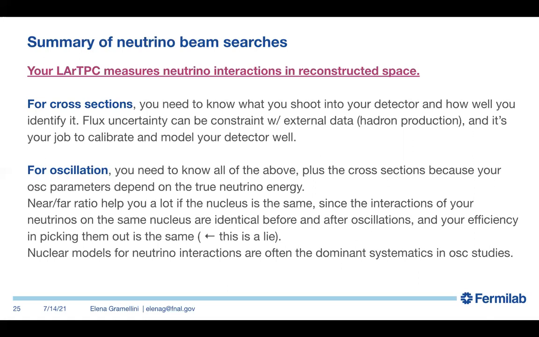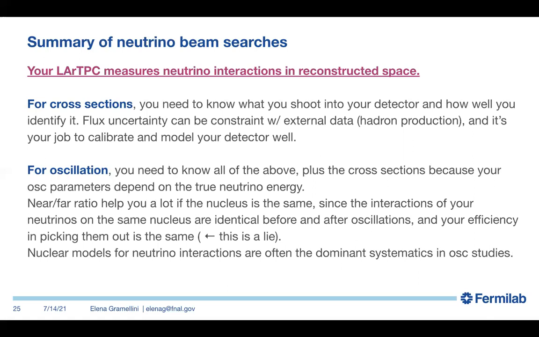For oscillation, you need to do all of the above, but on top of them, you also need to know the cross section, because you really don't want to mistake a cross section effect for an oscillation effect.